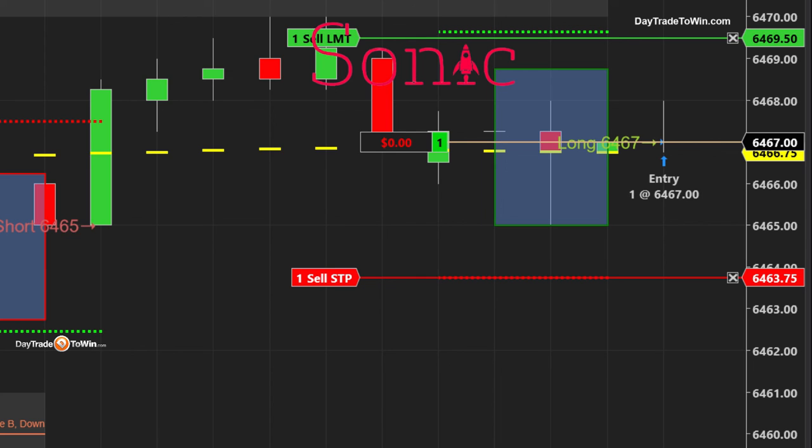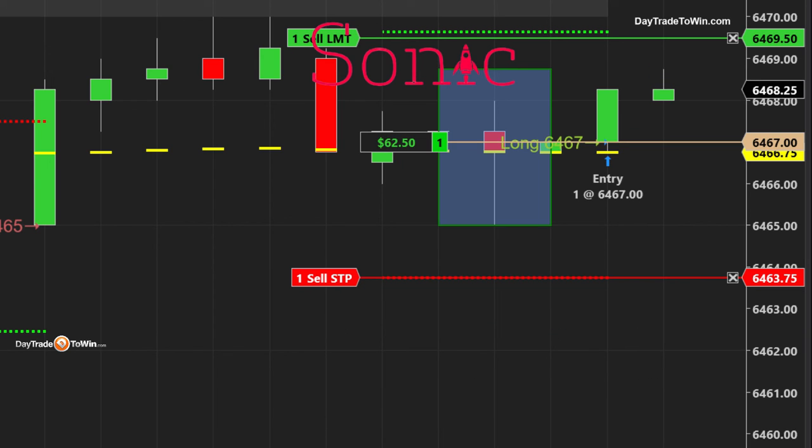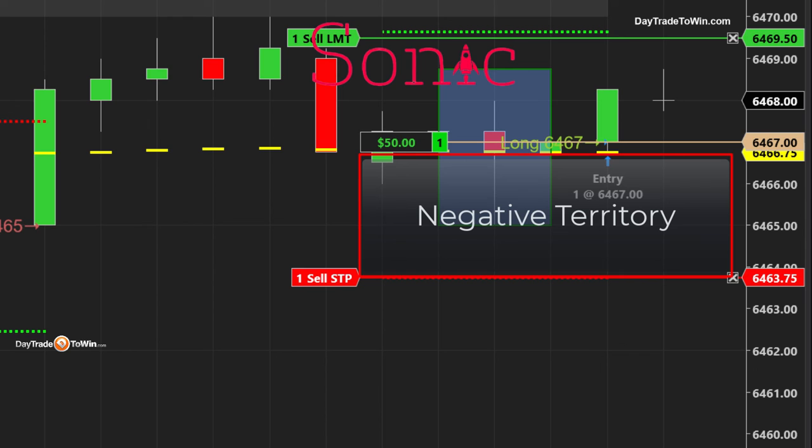And now it's about waiting. We can't wait an hour. This is a 1-minute chart, but it's about waiting to see the market go in your favor. I also think that the longer the market stays in negative territory, the worse off you are. So right now we're in positive territory. It's moving in our favor. It's great. But let's say that it's hanging out and trading below where you entered here for an extended amount of time.